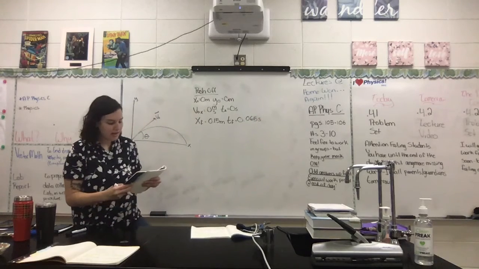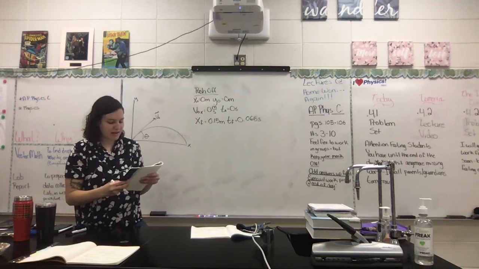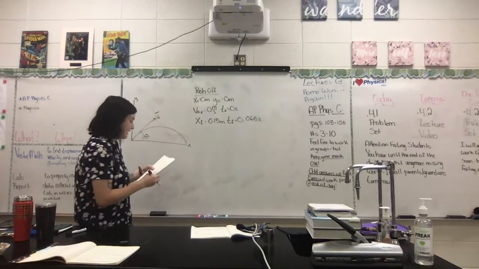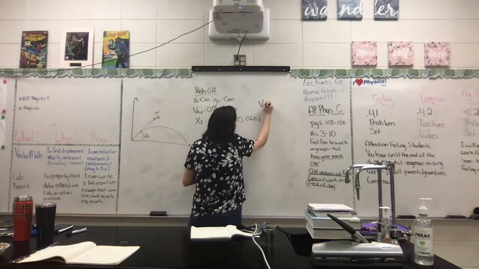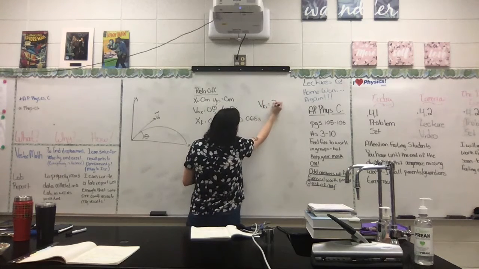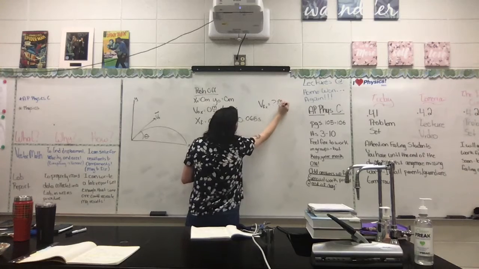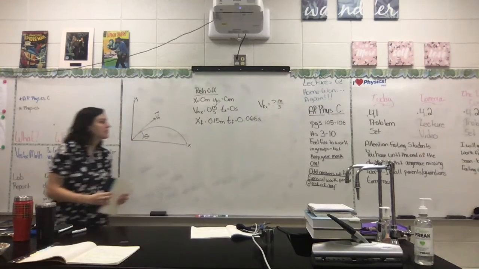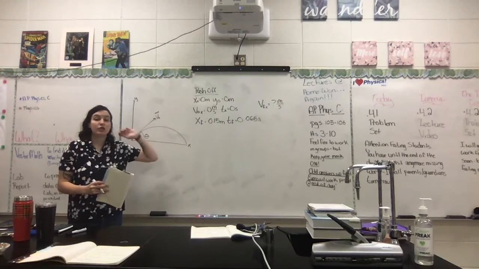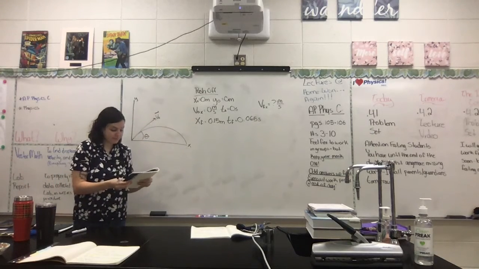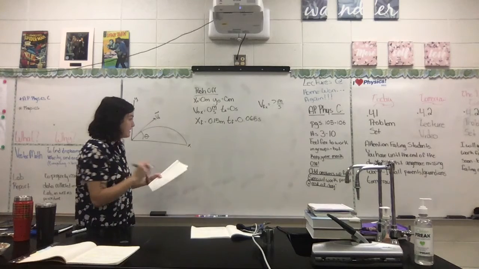That's everything we have been given. Something we need to find is his final x velocity, because that will tell us how fast he's going when he actually jumps. So let's start with finding that.